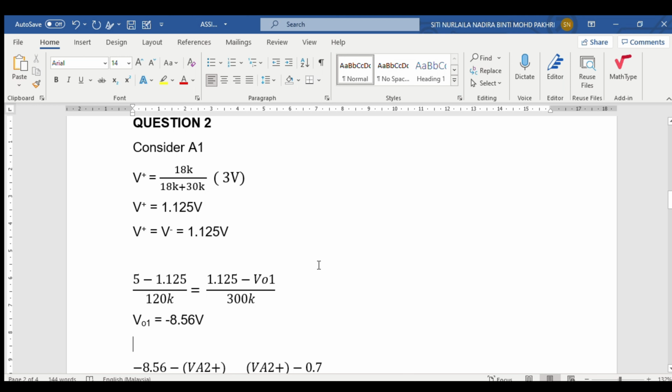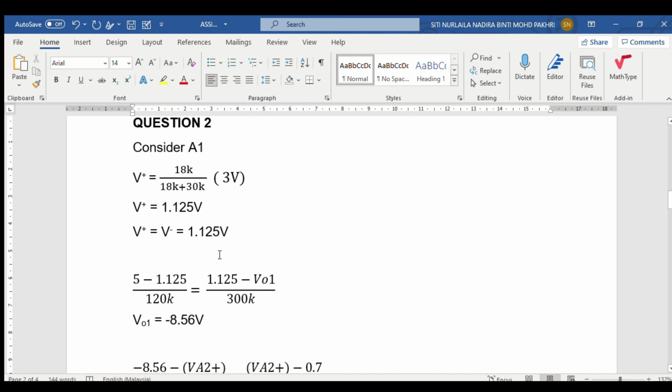This is the calculation method for question 2. First, we need to consider A1 and use the VDR to find the value for V+. The value for V+ is equal to 1.125 volt. The value for V+ is equal to the value for V-, so the value for V- is equal to 1.125 volt.